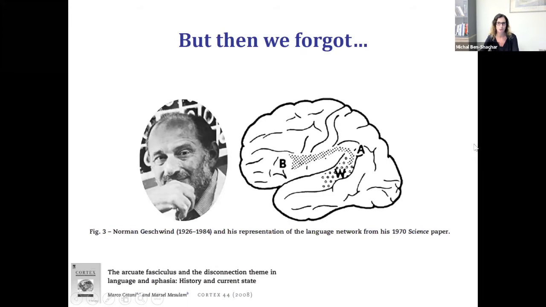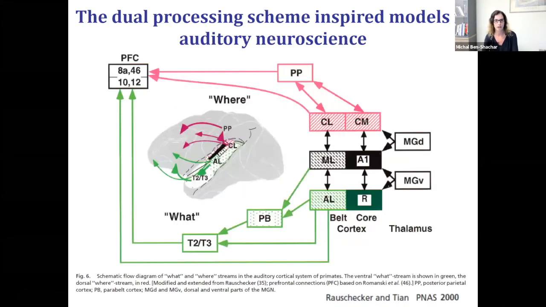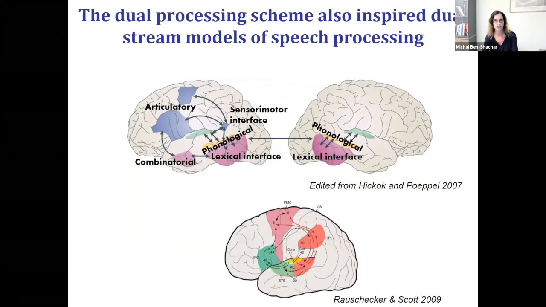And we had to wait until vision scientists kindly reminded us what we already knew once, that the pathways diverge into a dual processing scheme. In the vision science domain, we're talking about what and where pathways. And this inspired models of dual stream in the auditory neurosciences. And it also inspired the dual processing scheme of speech processing.